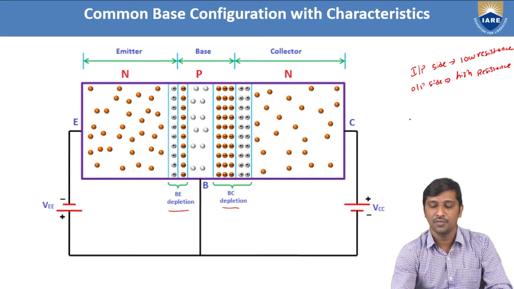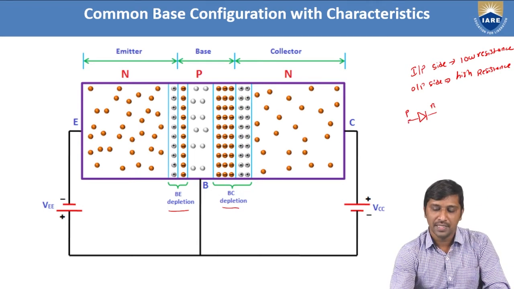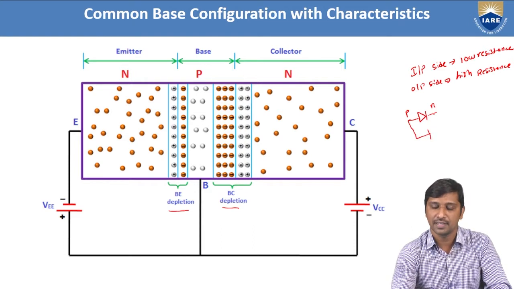For this case, observe a PN junction diode. Here this is the P type material, and here this is the N type material. If P is connected to the positive potential of the battery, and N is connected to the negative pole of the battery, the PN junction diode acts as a forward bias.